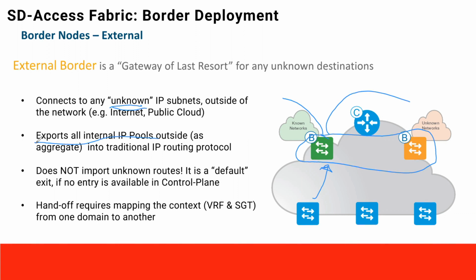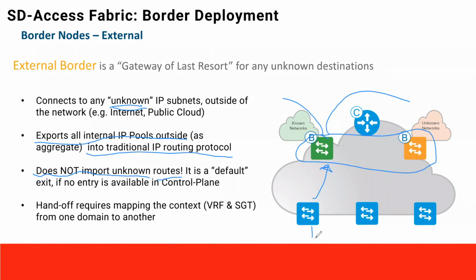It exports all external IP pools outside into the traditional IP routing protocol. As we discussed, we need to connect it to the data center via any routing protocol, or it has a firewall, and then it goes to the outside world. Keep in mind that it does not import unknown routes. It's a default exit.